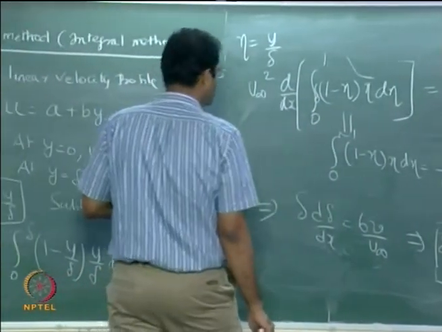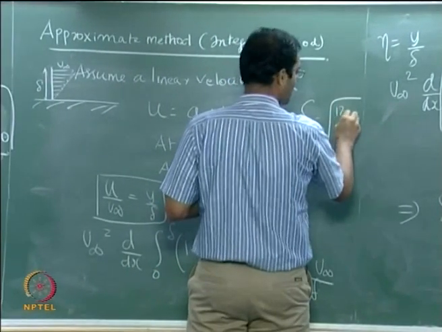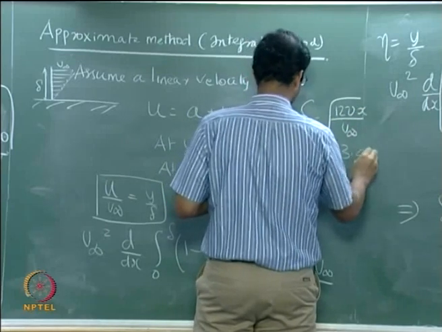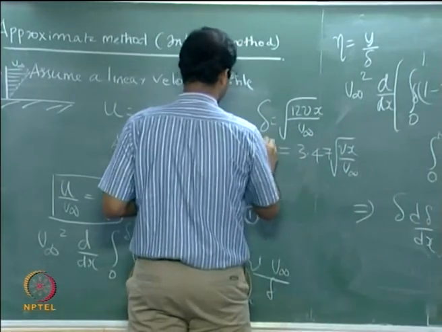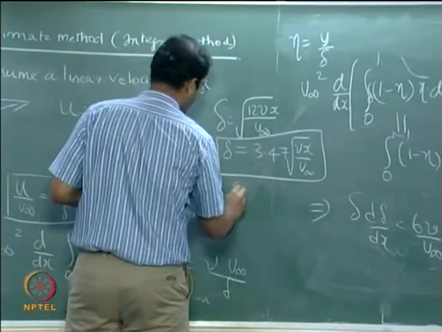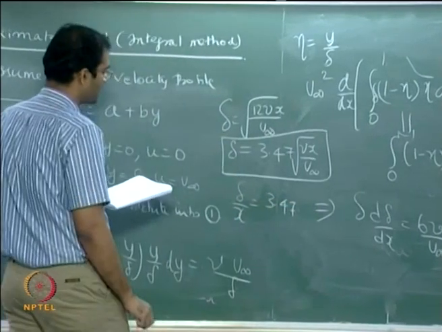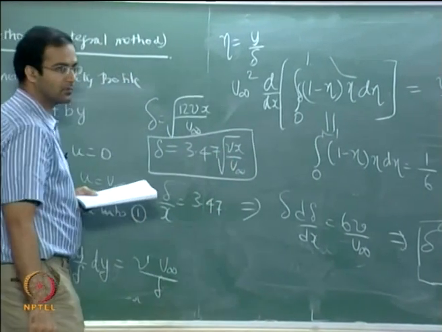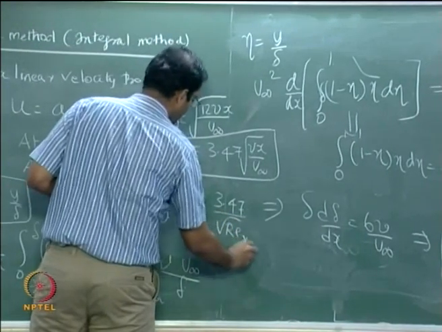So your expression for delta now reduces to the form delta is equal to square root of 12 nu x by u infinity, which is nothing but 3.47 square root of nu x by u infinity, or delta by x can be written as 3.47. I can divide by x on both sides, and this will be u infinity x by nu, which is nothing but the square root of Reynolds number.